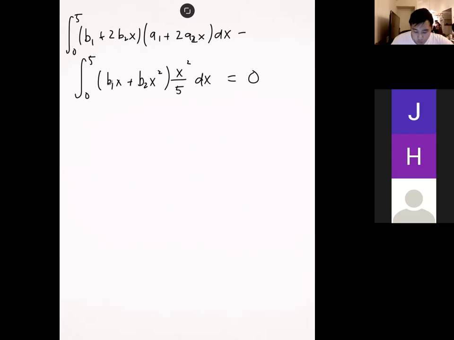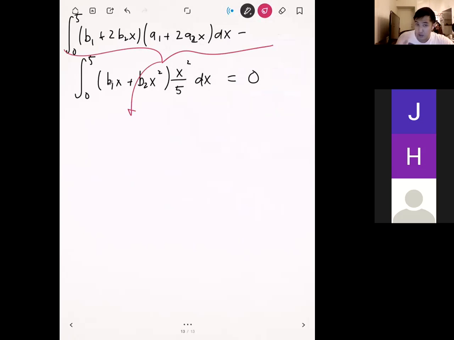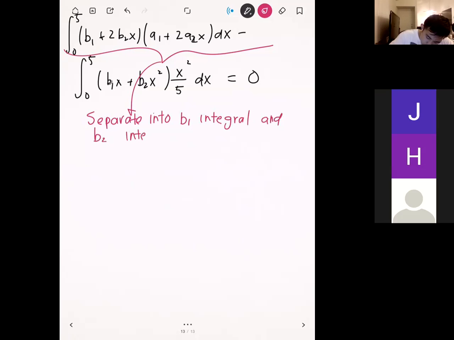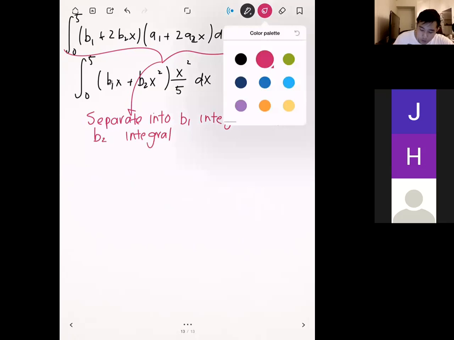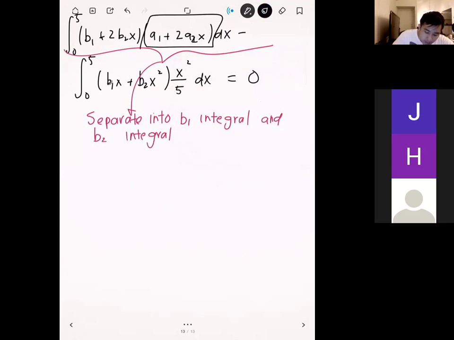You can do a lot of the algebra on this, but let me just give you a note about what I did. I'm going to separate this out into an integral that has b1 and an integral that has b2. All I'm going to do is distribute the quantity with the a's through, and have one integral with a b and one integral with an a.